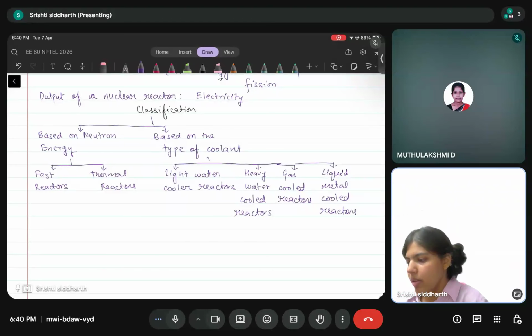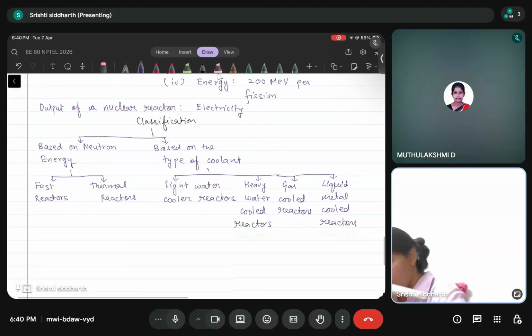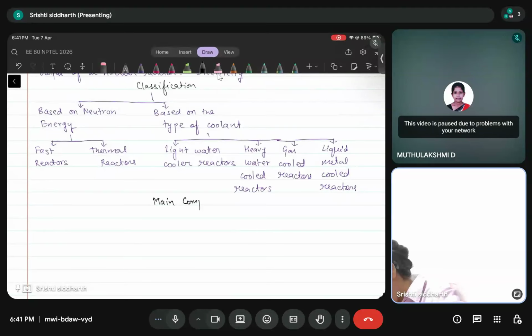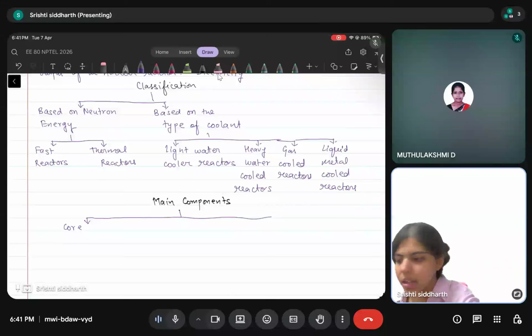Okay, so what are the main components of a nuclear reactor? So we'll see the main components. So we have the core, then there is a reflector, shield, and flux sensors.